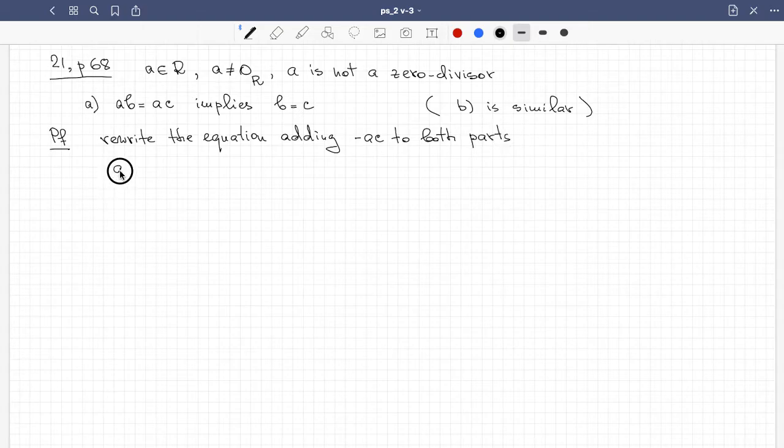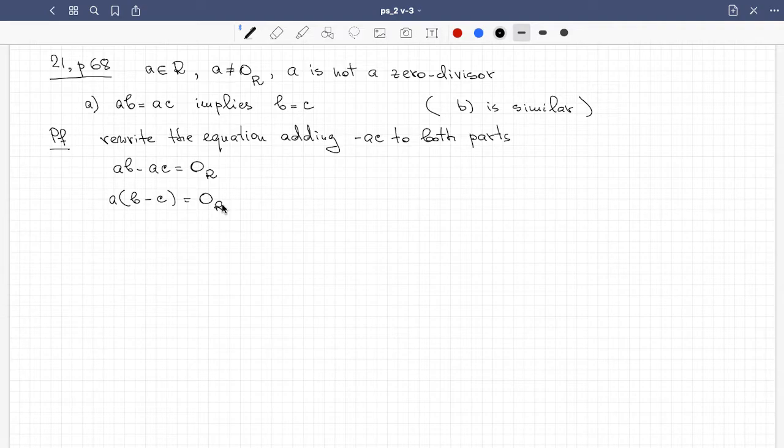AB minus AC equals 0 in the ring. Now we can factor A out. By the distributive law, this is A times (B minus C) equals 0 in the ring.